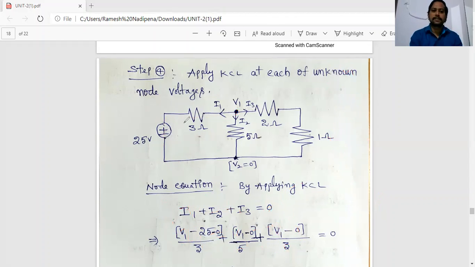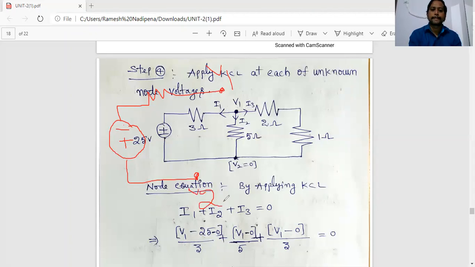For example, in some cases the polarity is like this. Here a 3 ohm resistor is there. This is the node voltage V1 with respect to ground. This is VT equal to 0. So in this case, what is our I1?